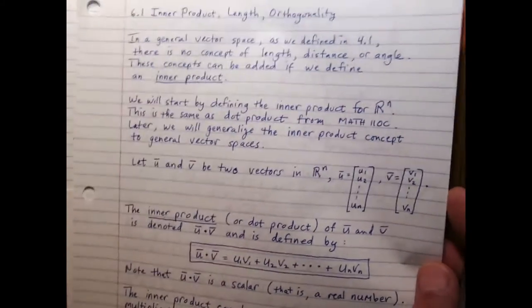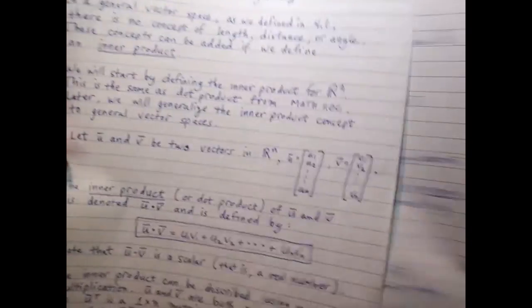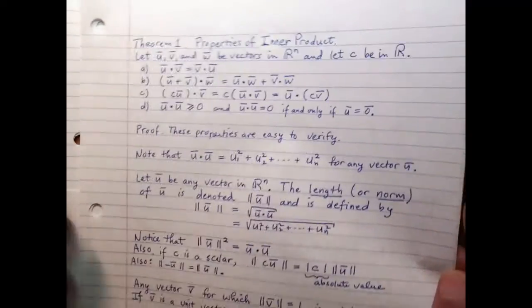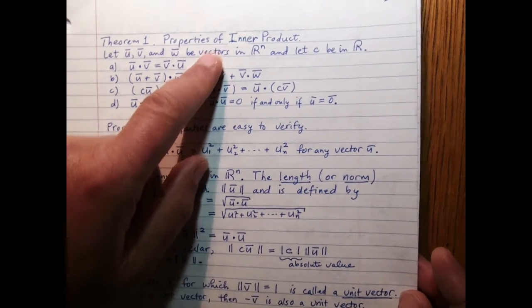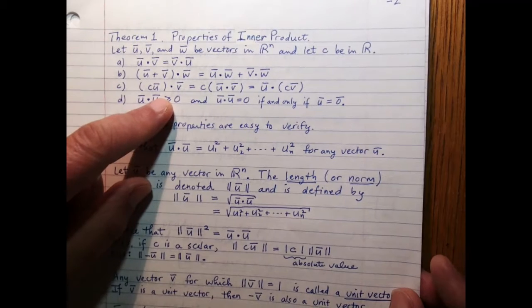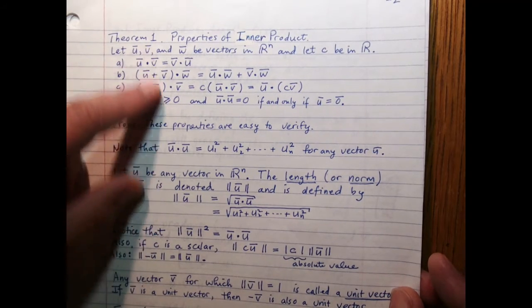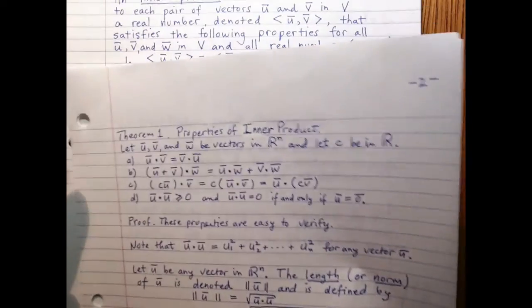I want to go back to the 6.1 handout, and actually I'm going to go to the second page of that 6.1 handout where we had something called Theorem 1. Those were properties of the inner product. Notice that there were A, B, C, D, 4 properties of the inner product that I think you probably thought, yeah, no big deal. They were not hard to think about.